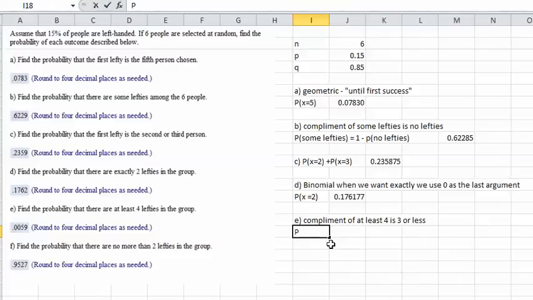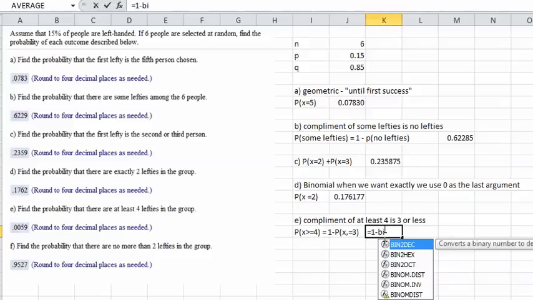So we're going to do the probability that x is, really we need greater than or equal to 4. I don't have that symbol on my keyboard, so I'm going to do it like that. That's going to be equal to 1 minus the probability that x is less than or equal to 3. Right? So what is the function? You're going to say equals 1 minus, and then you type your binomial distribution in.